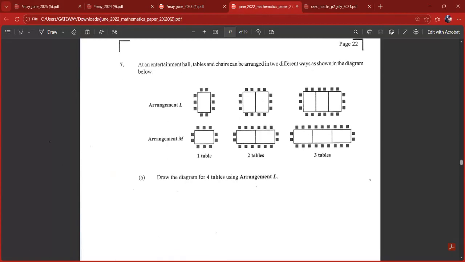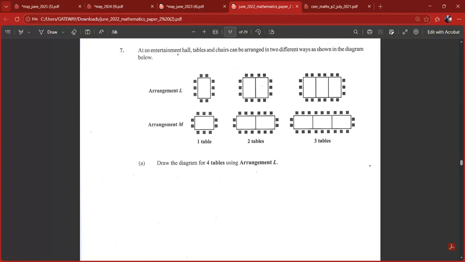So number 7, at the entertainment hall, tables and chairs can be arranged in 2 different ways, as shown in the diagram below.